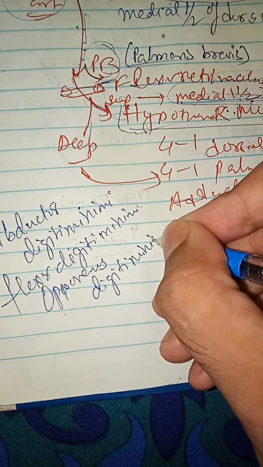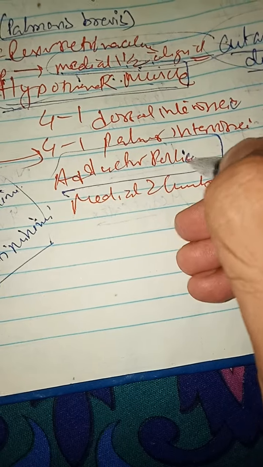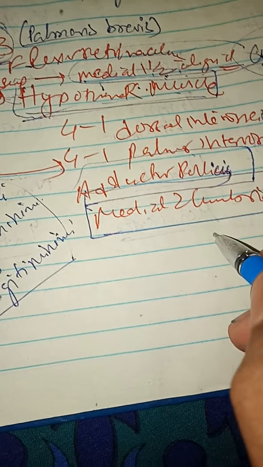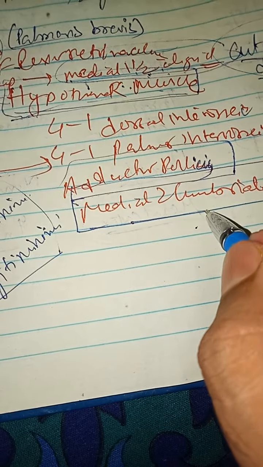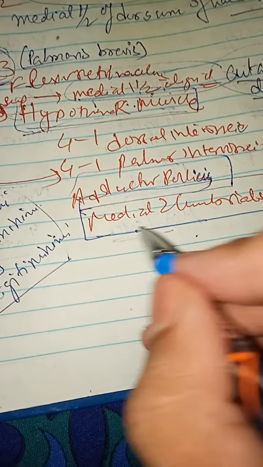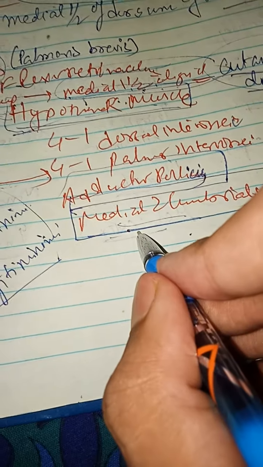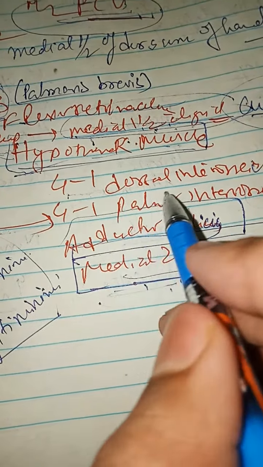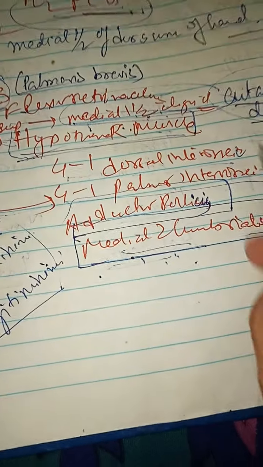So all the hypothenar muscles are supplied by the superficial branch of the ulnar nerve, and the deep branch will supply the adductor pollicis, the medial two lumbricals, because the lateral first and second lumbricals are supplied by the median nerve. The medial two are supplied by the ulnar nerve, and the four dorsal interossei and the palmar interossei.